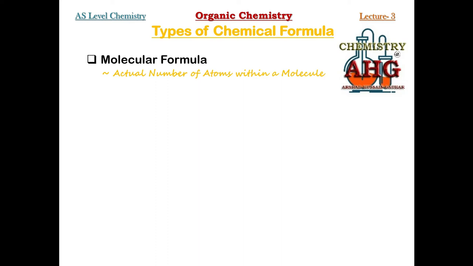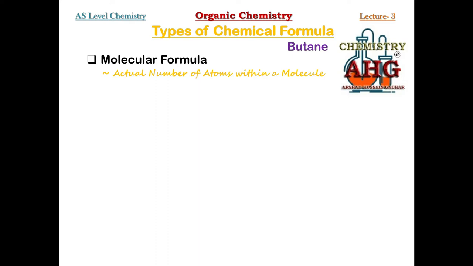For example, if we take the example of butane. Butane, it is a member of alkane homologous series. But means there are 4 carbon atoms, and ane means there are single covalent bonds. So there are 4 carbon atoms, and you know what is the general formula of alkane? It is CnH2n+2.